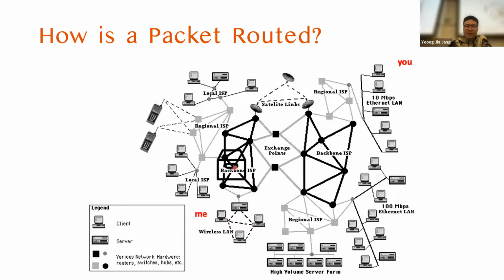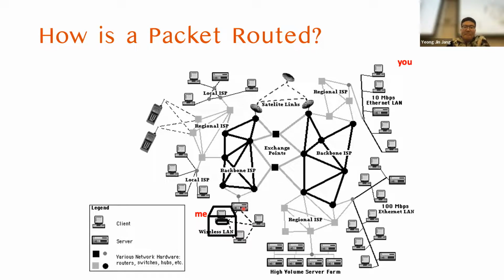Then it comes to my Wi-Fi router, and I can access the file. I've simplified the steps, but usually there are 10 or 20 steps when one user and another user communicate with each other.